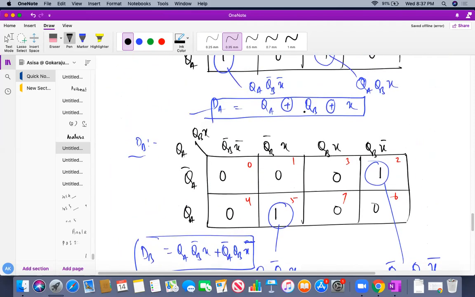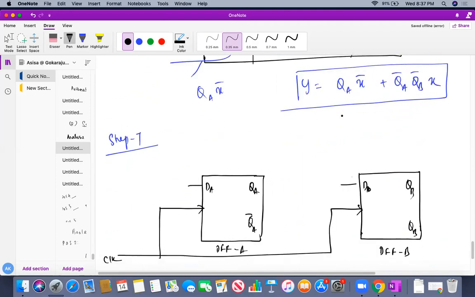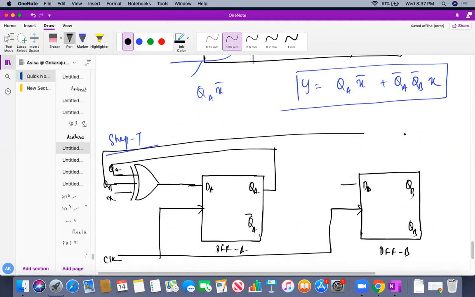DA is nothing else, QA XOR QB XOR X. So my inputs are X, QA and QB, and we can perform the XOR operation between these and connect it to DA. How do we have to connect here? QA will come from here, and QB will come from here.